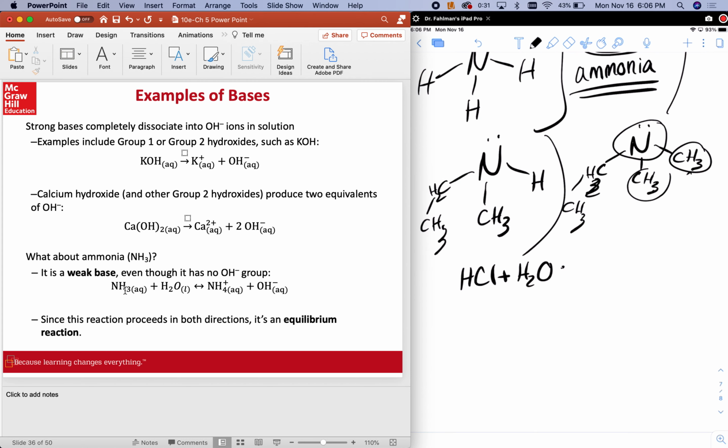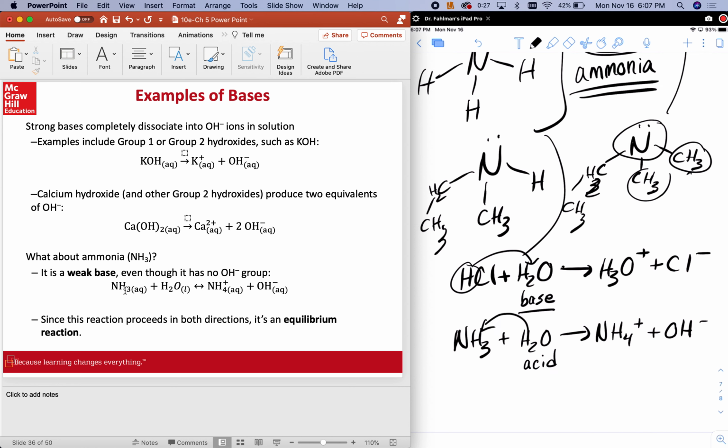Water is acting as a base because it is accepting a proton. Or in this example, it's acting as an acid because it is donating the proton to the base. So water can serve as both a base and an acid, and that is known as an amphoteric substance.